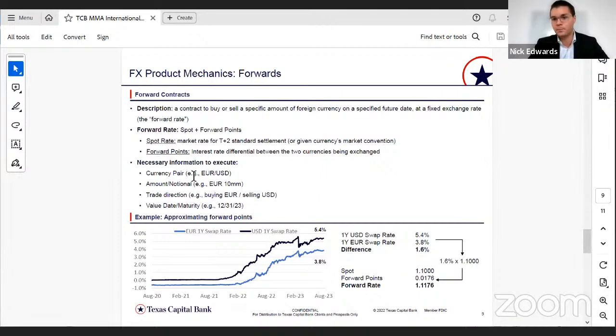What is the differential between US interest rates and European interest rates? Because at the end of the day, it's not about where we think the currency will go one year from now. It is simply, if you were to lock in the deposit yield between two countries, that is the exchange rate you're locking in from a year from now.